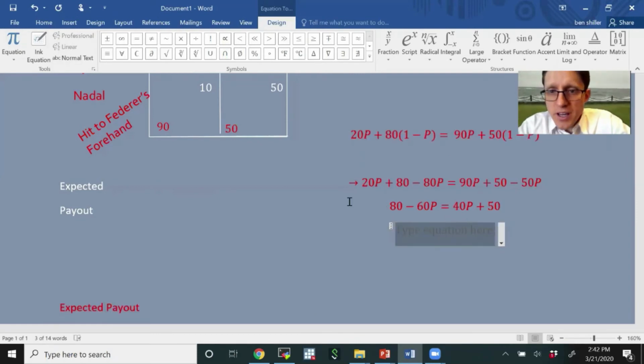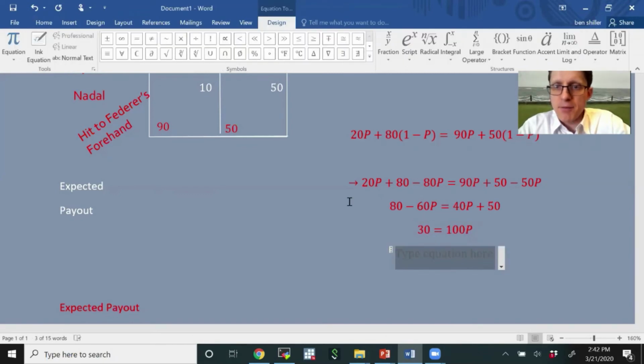And then if we were to subtract 50 from each side and add 60 times P to both sides, we would get that 30 is equal to 100P. And then if we divide both sides by 100, we get that 30 over 100 is equal to P. And the probability is 0.3.